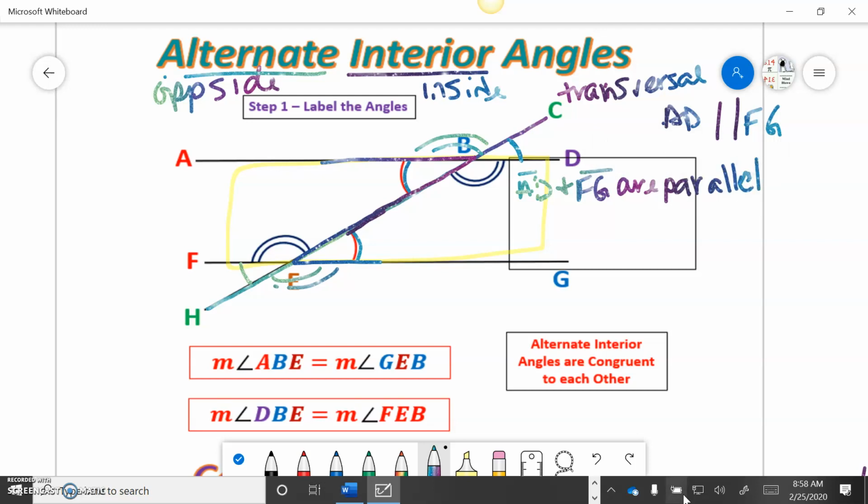Notice the symbol for parallel is these two, like the two L's in the word parallel, next to each other. HC is called a transversal.